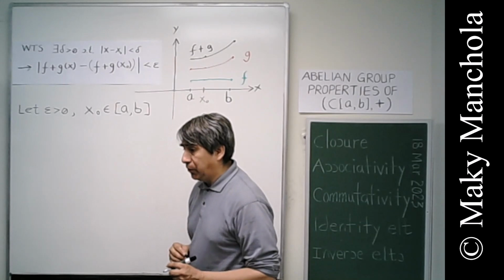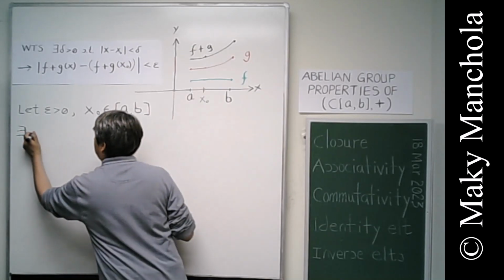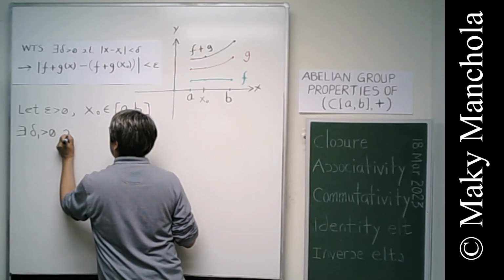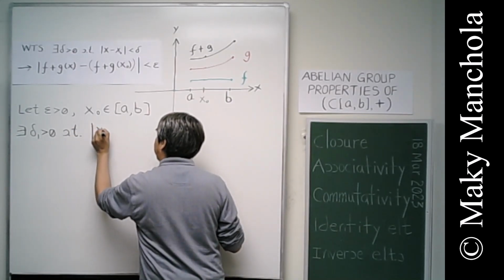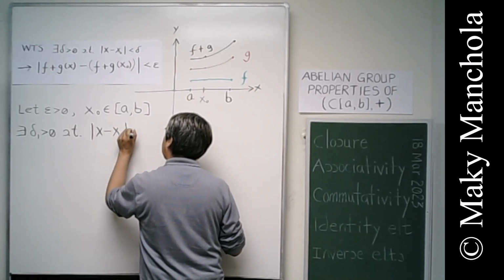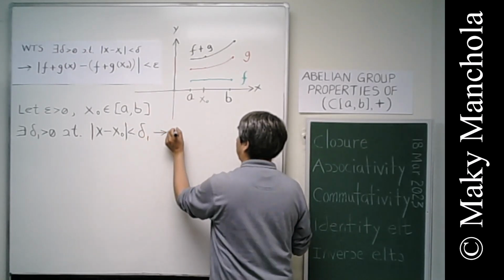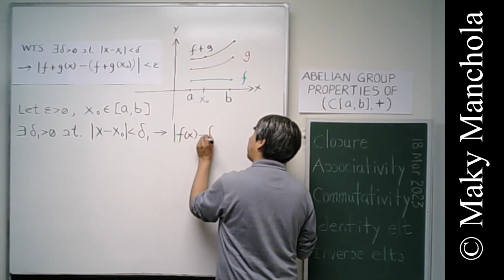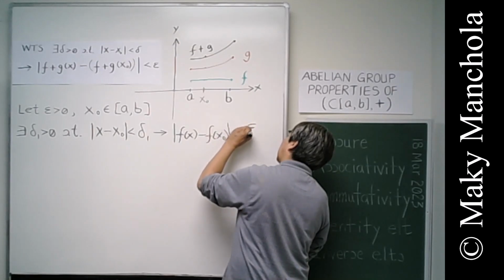By definition of continuity of f, there exists a delta, call it delta 1, greater than 0, such that if the absolute value of x minus x0 is less than delta 1, that implies that the absolute value of f of x minus f of x0 is less than epsilon over 2.